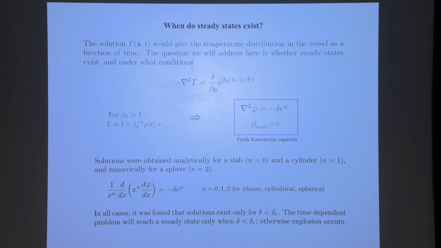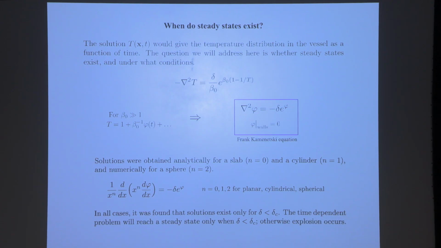You see the Laplacian takes the following form: n equal to 0 for planar, n equal to 1 for cylindrical, n equal to 2 for spherical. It can be solved analytically for 0 and 1, in other words for planar and cylindrical, but for a sphere you have to do it numerically.